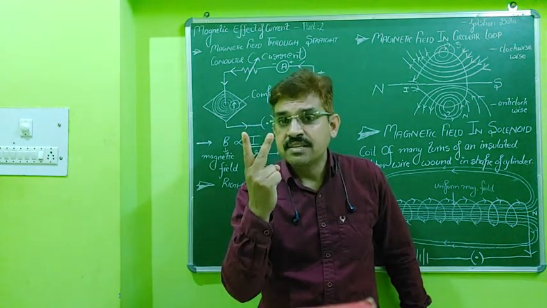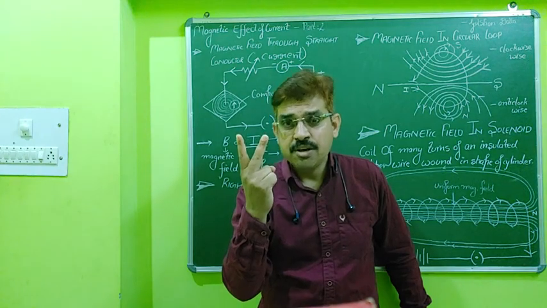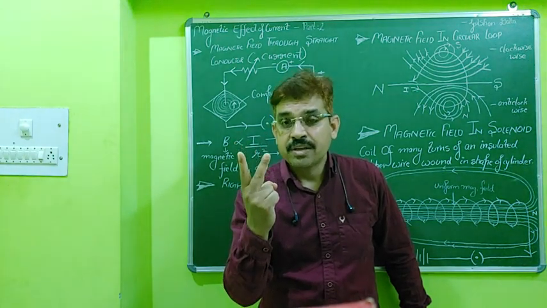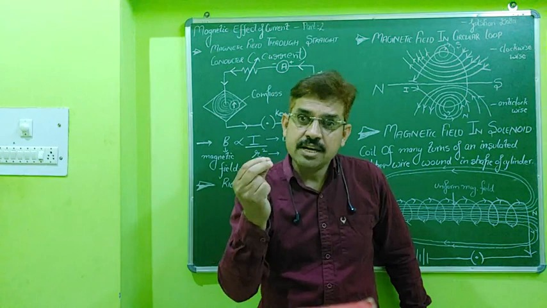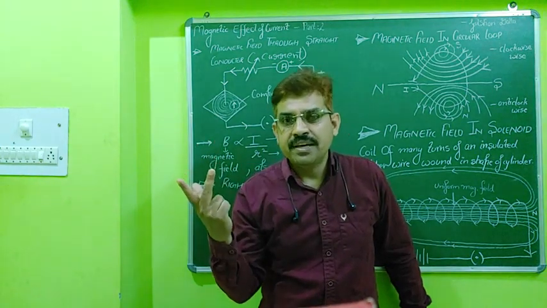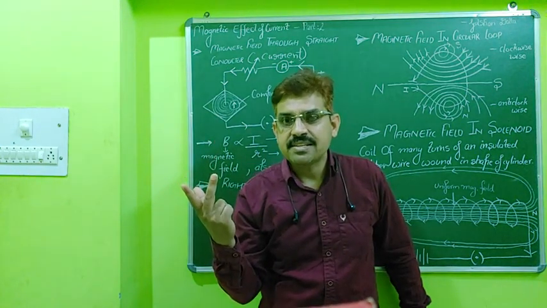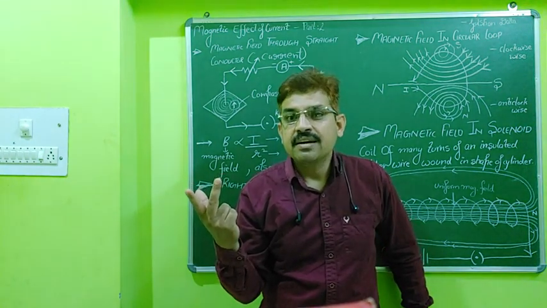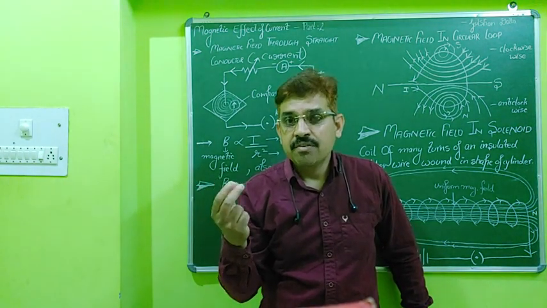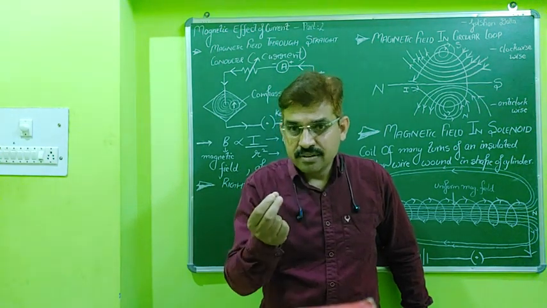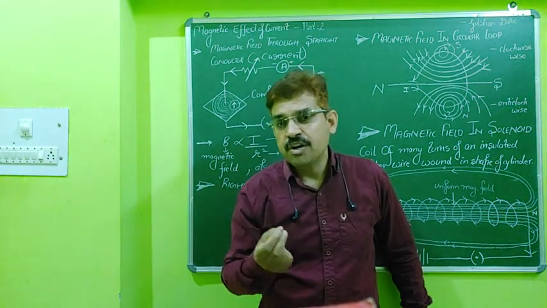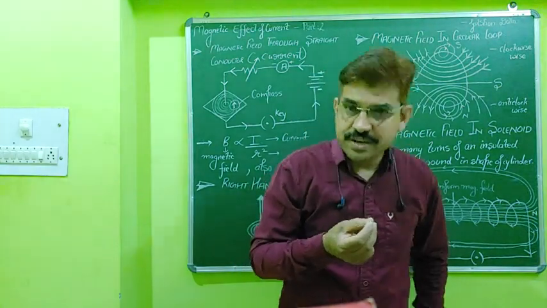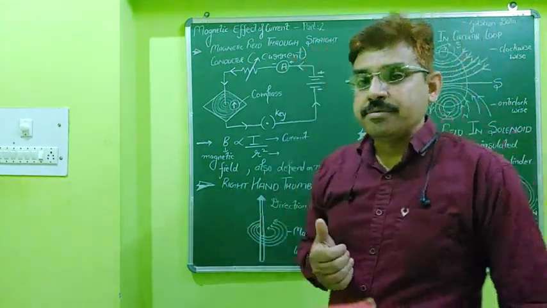One pole is the north pole and the other will be the south pole. If magnetic field is produced, it means poles will be there definitely. That is why I am discussing anti-clockwise and clockwise. I will discuss later, after 1 minute, the meaning of anti-clockwise and clockwise. So this is known as the right hand thumb rule.